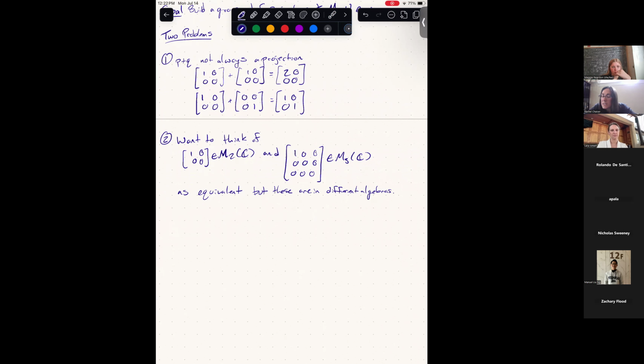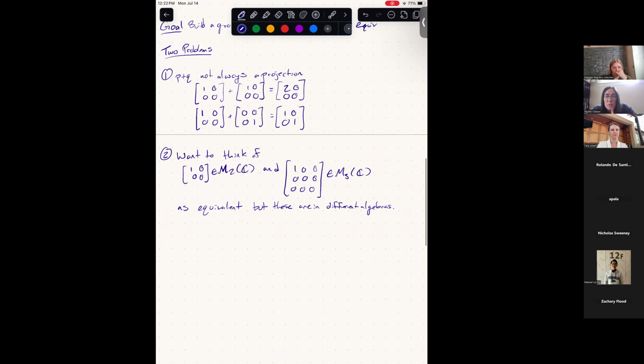The fix that we're going to use, which solves both of these problems at the same time, is to work over matrix amplifications of our C-star algebra.